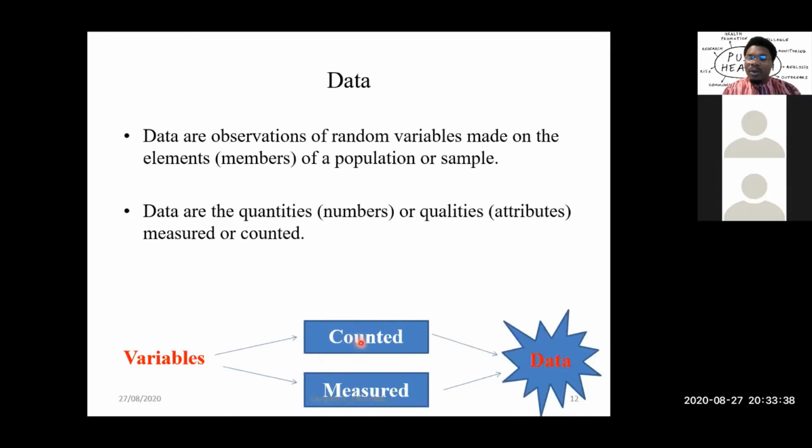If a variable is measured or counted, that numerical value that you assign to the variable, you write it down, and then you have a collection of values. Those are called data or a data set. So data is a measured or counted variable. If you don't measure a variable, you cannot get data.